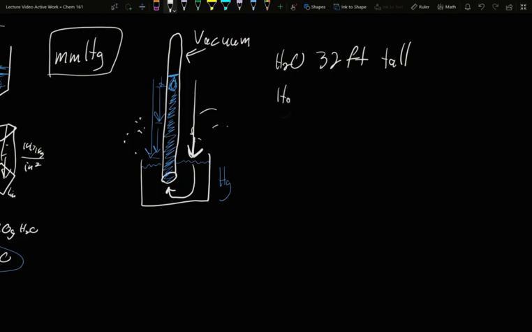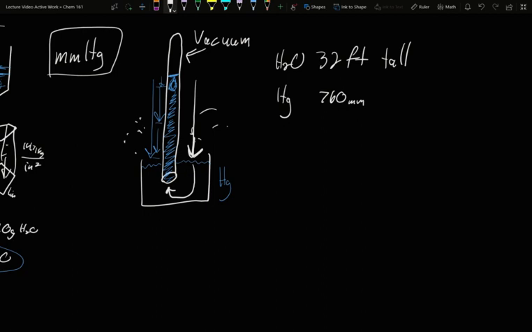But for mercury, that's about 760 millimeters. You need substantially less height of mercury because it is significantly more dense. Mercury, on a volume-to-volume basis, is many, many times heavier than water.